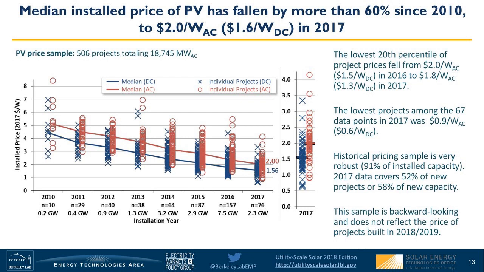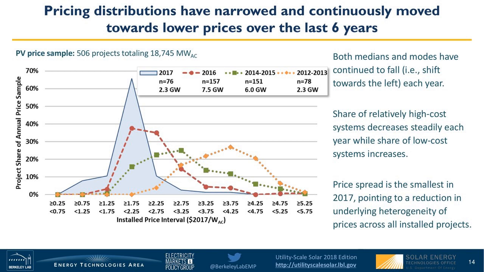A different way of looking at the prices is looking at the price distribution here with this distribution graph. The 2017 projects are in the blue area, and we have drawn a couple of other years in comparison. What you really can see is that both the median and the mode really shift leftwards towards lower prices each year.